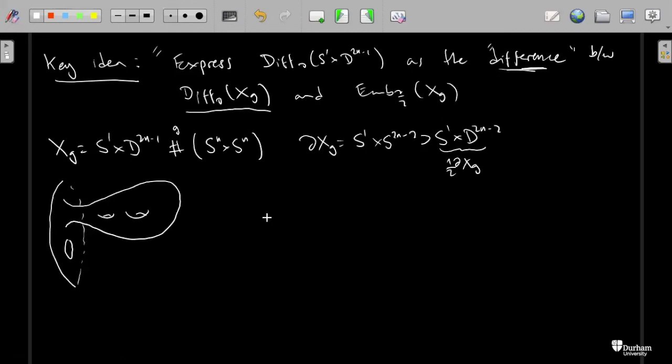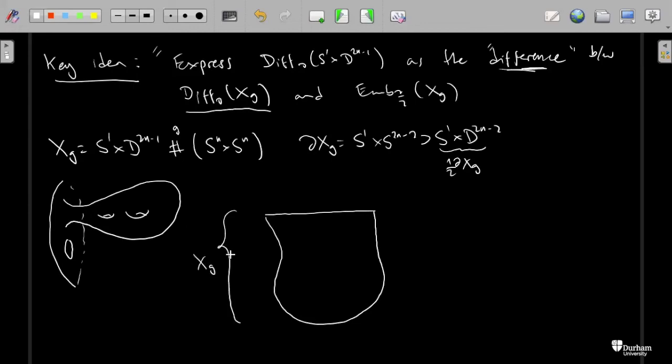Here's a more schematic picture. Suppose this thing here is my X_g. This top part will be representing the boundary, so this is the boundary of X_g. And half of this is half of the boundary.